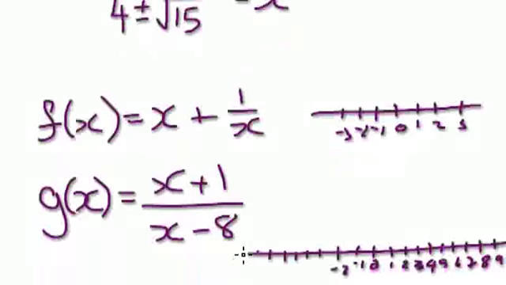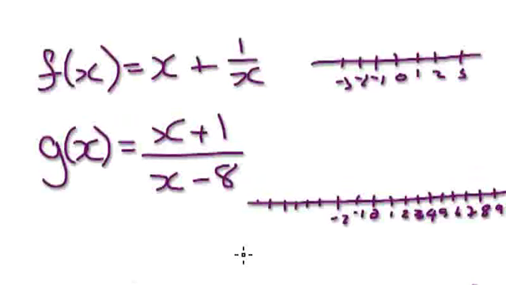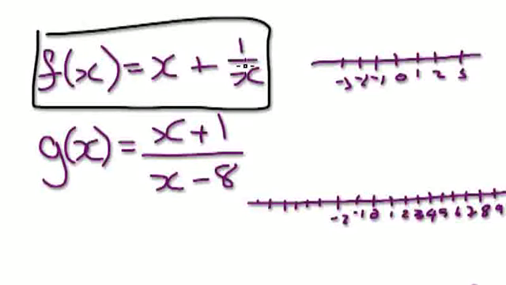Okay, so going back to the original function here, f of x here is this. Remember, the domain for this is it could be anything except the number 0 itself. So it could be anything on the real number line except 0. Okay.